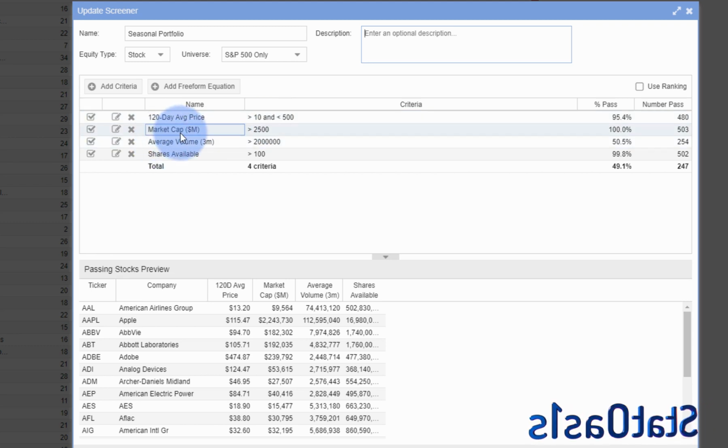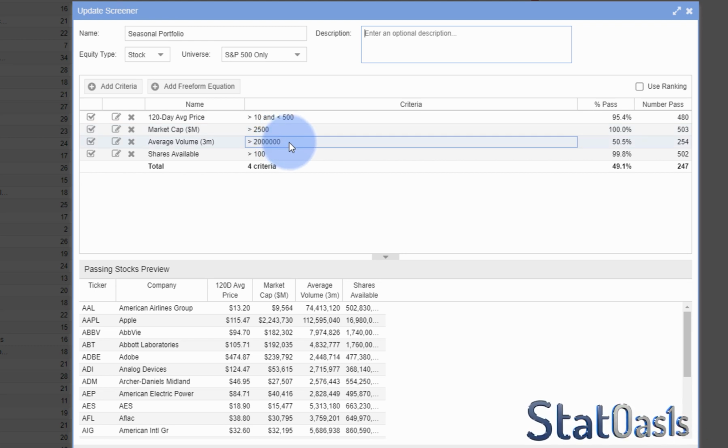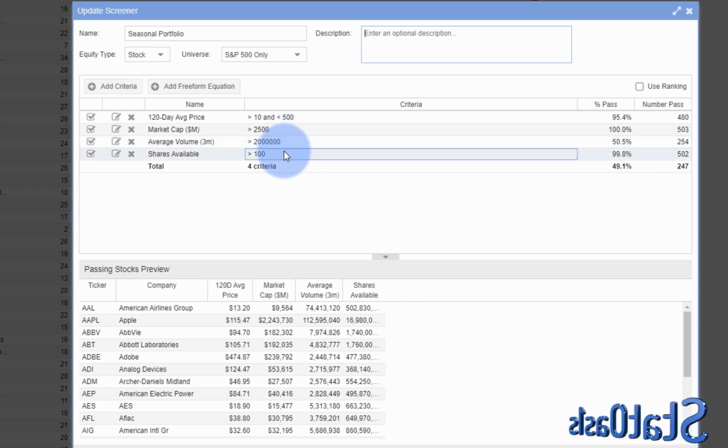Then these filters, I think, are obligatory in my eyes. Big cap stocks, so 2.5 billion minimum, and average volume over the last 3 months is 2 million shares per day, and shares available, this is in millions, so 100 million.